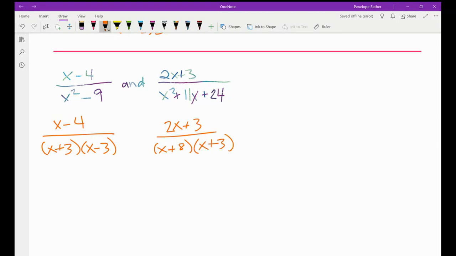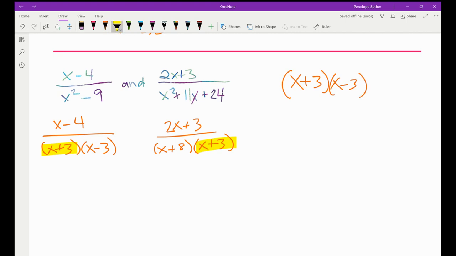All right, so if we think about things that they have in common, they both have an x plus 3. So that's got to be part of our LCD. So we've already done that. That piece is accounted for. Then we need to write down the other pieces. So we are missing the x minus 3.